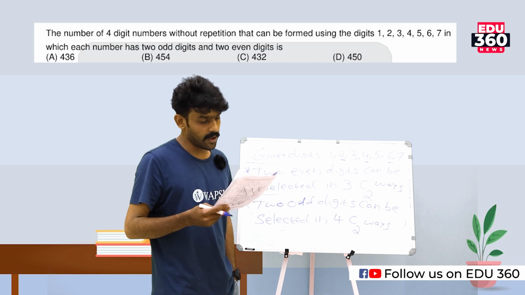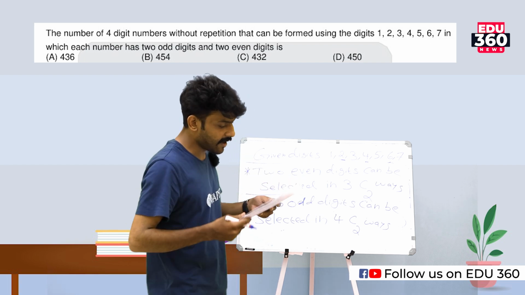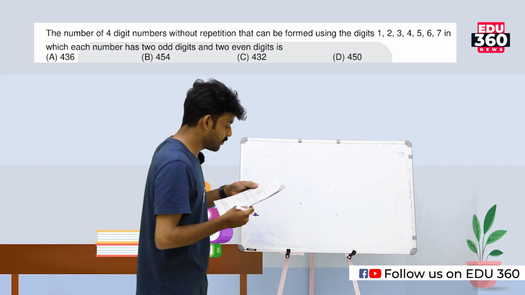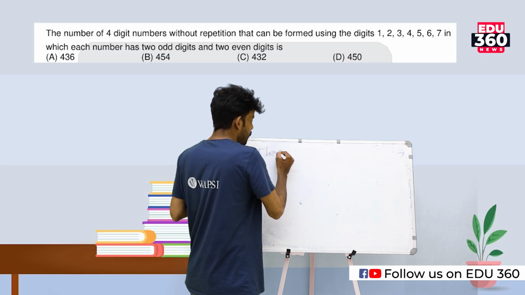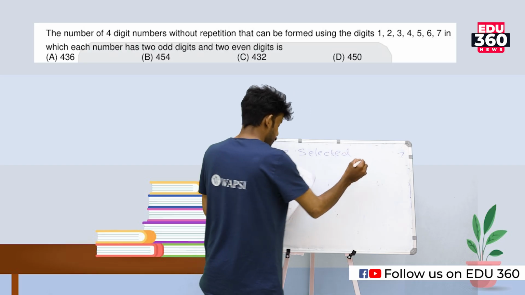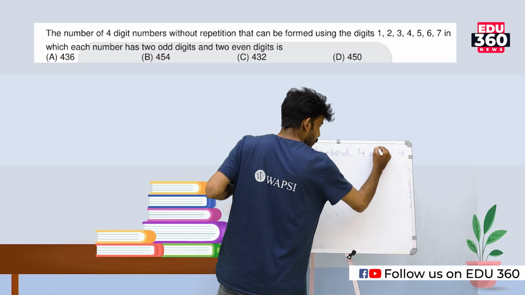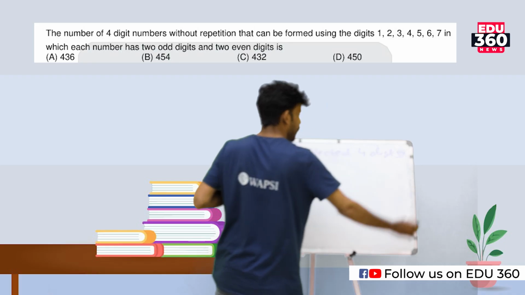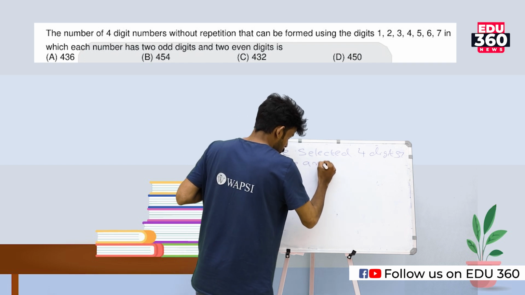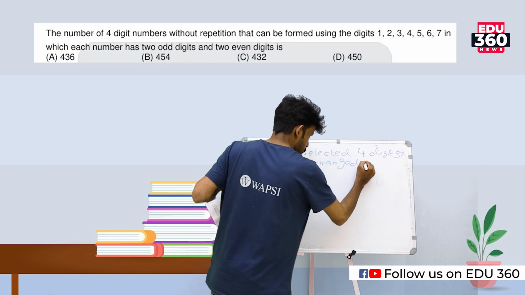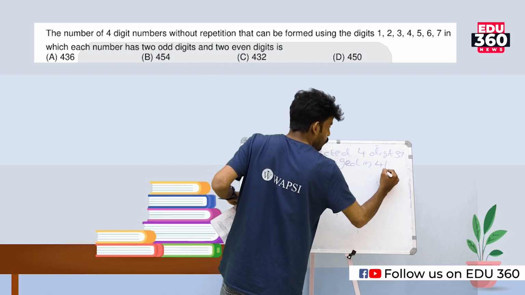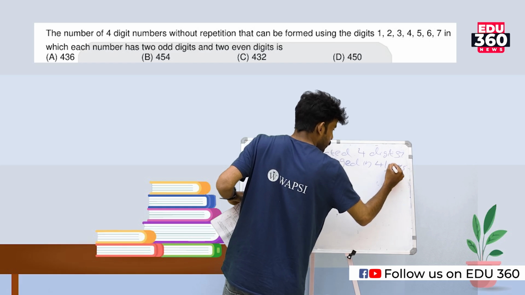So these selected 4 digits can be arranged in 4 factorial ways.